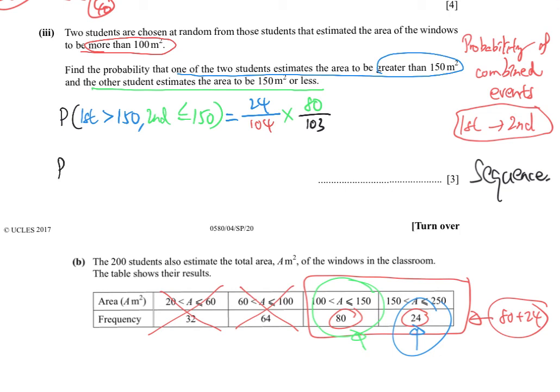But there is also one other situation. That's when the first one is less than or equal to 150, and then the second one is more than 150. This one is still valid. So for this one it is still 104, but we have the green group first, so it should be 80 first, and then multiplied by 103, because we take someone out from the green pool, and then the remaining will be 24 from the red group.